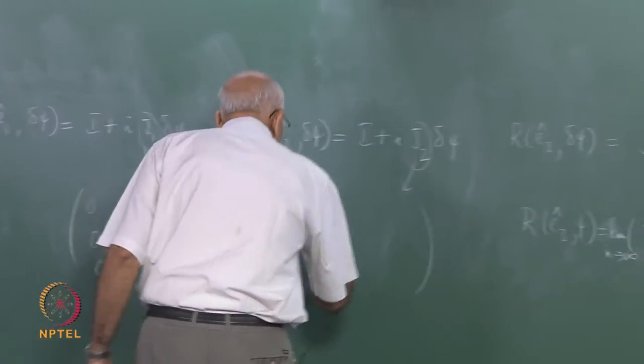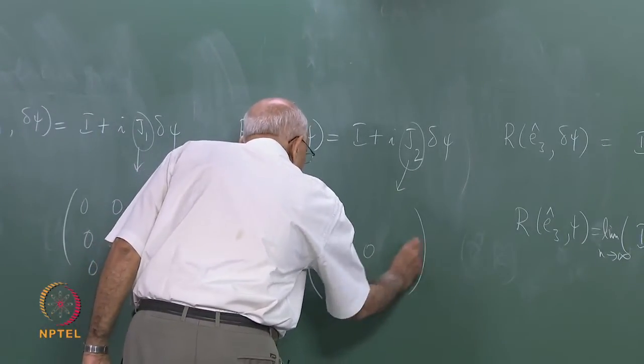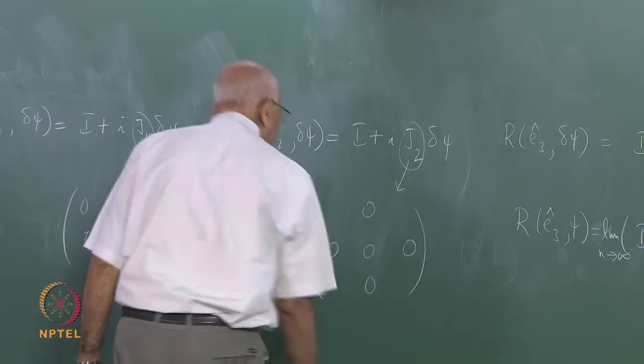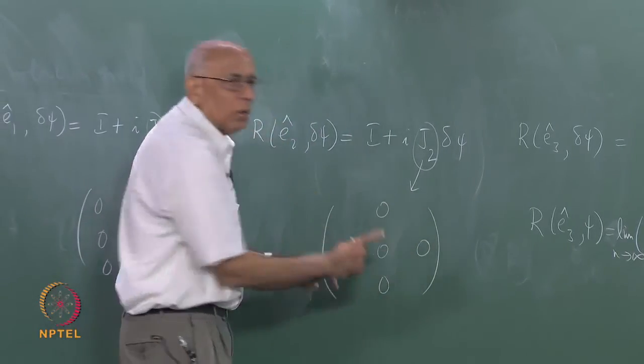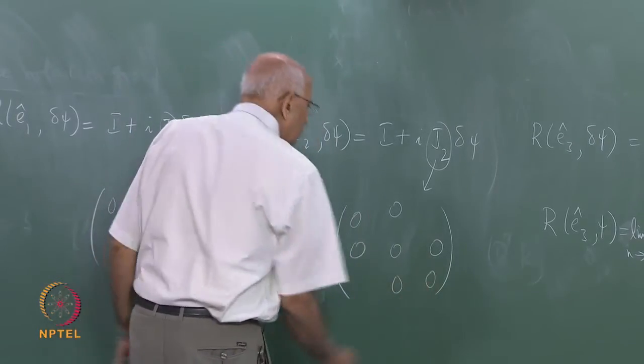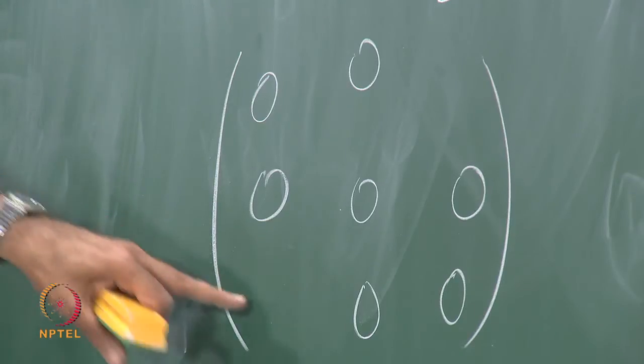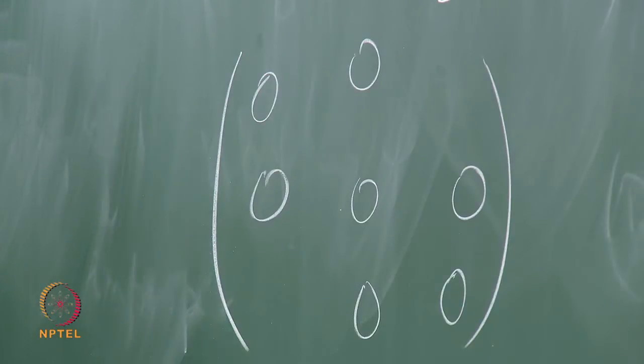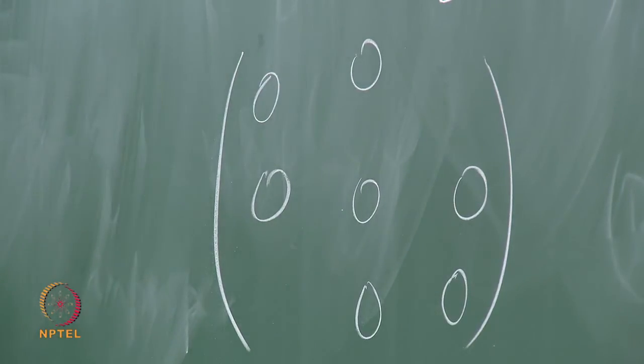So you're going to have a lot of 0 0 0 0 0 here, and these 4 elements are not going to be 0. The diagonal ones are still going to be 0, but the off diagonal ones, what's going to be here and what's going to be here? Which one is i and which one is minus i?